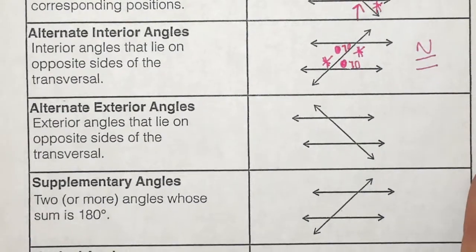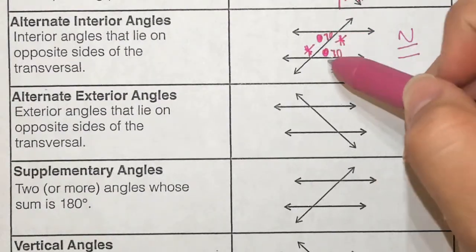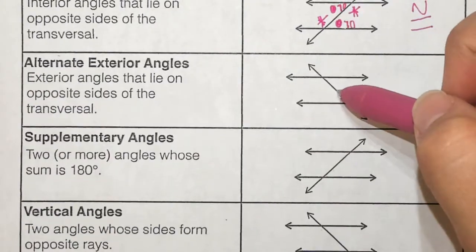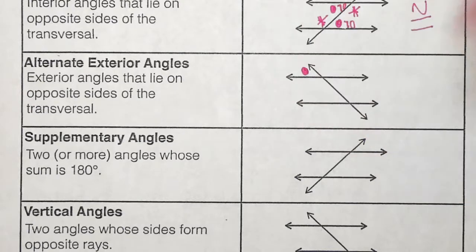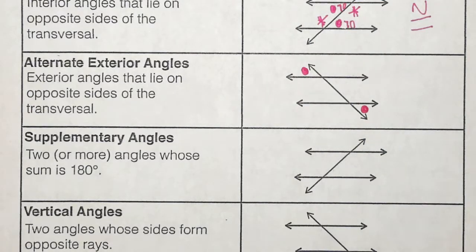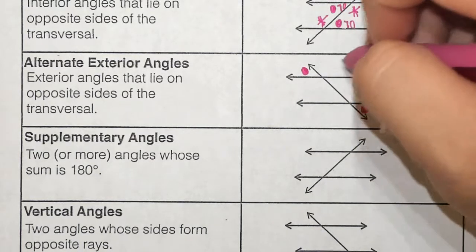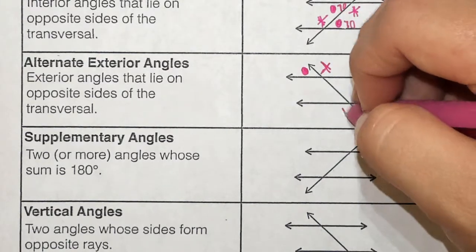Okay, now exterior. Alternate interior are on alternate sides of the inside. Now these are alternate sides of the outside. So here's one, and it is alternate exterior with the one over here. And then this one is alternate exterior with this one.